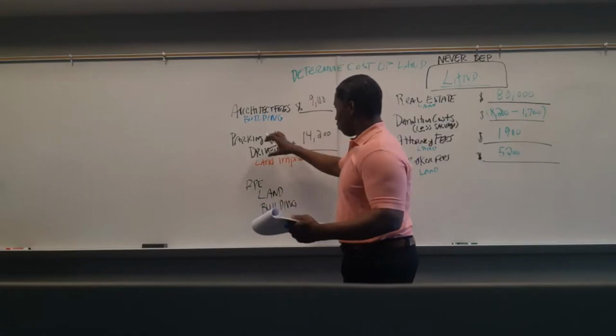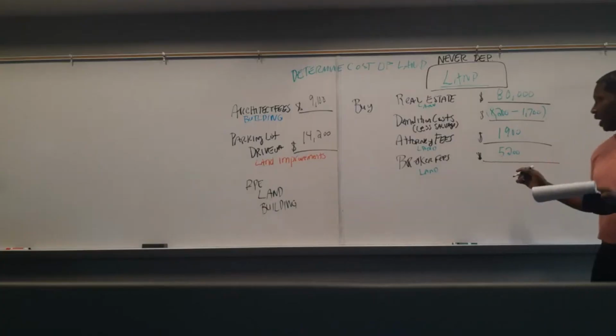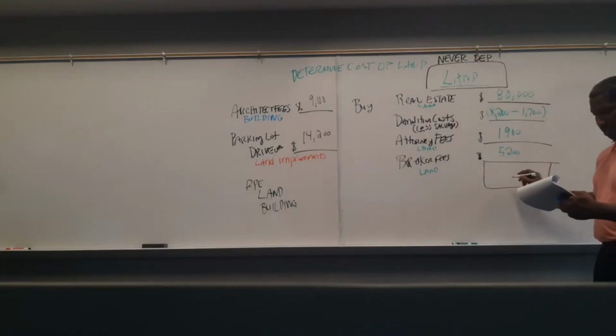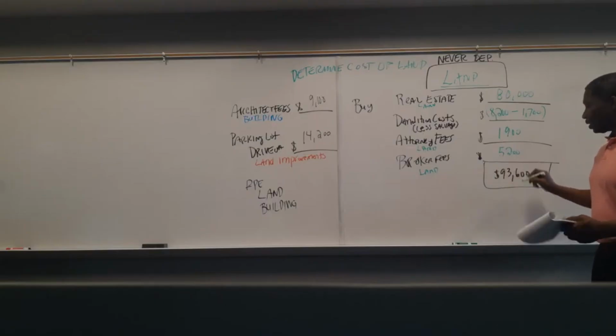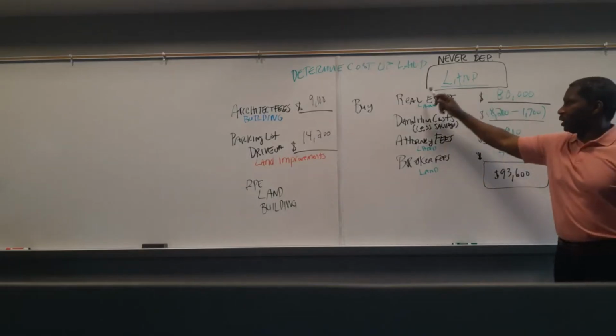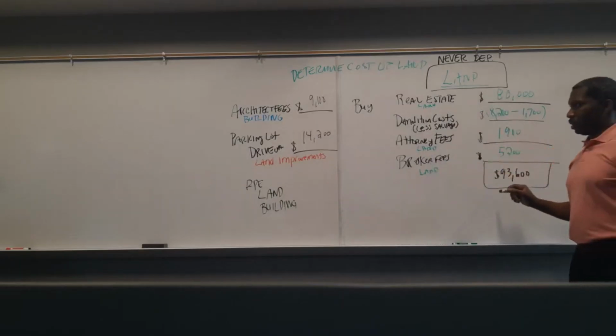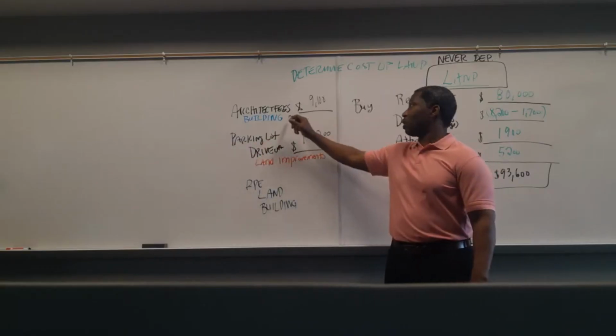You can just write these here and jumble up the order, and you can always come back and check out everything. And this number here should be $93,600, okay? You cannot depreciate land. You can depreciate your parking lot and your eventual building.